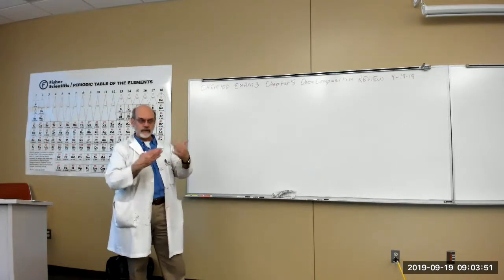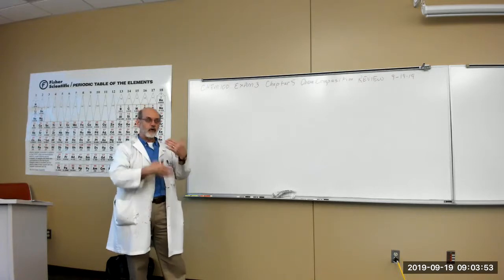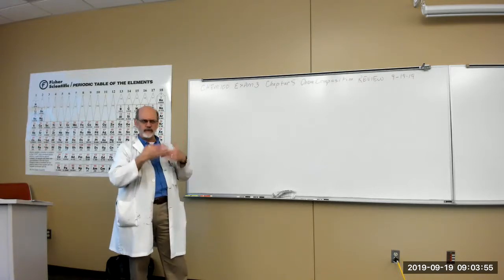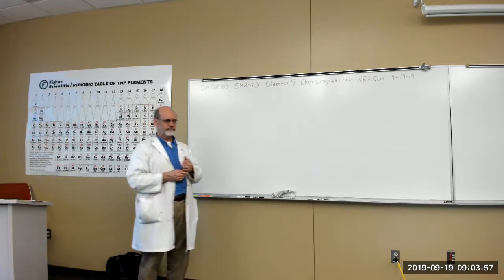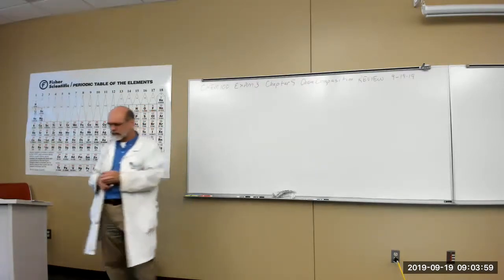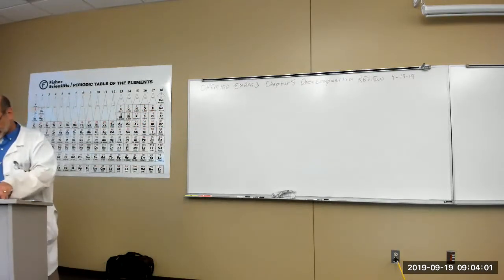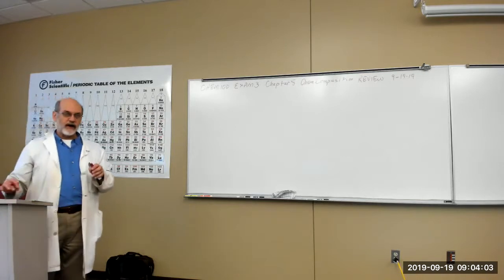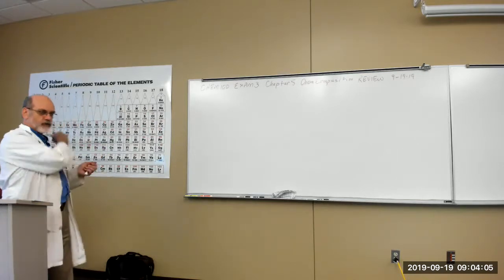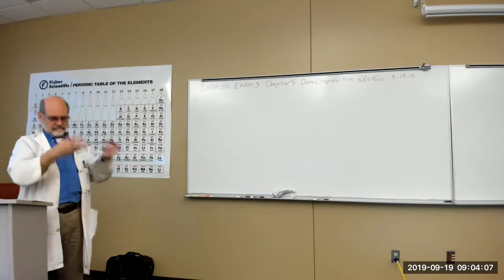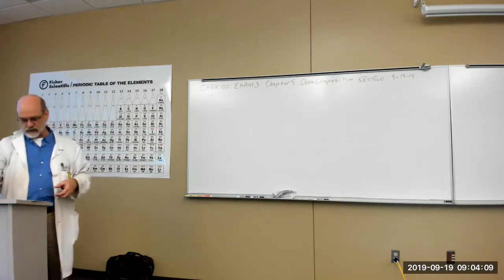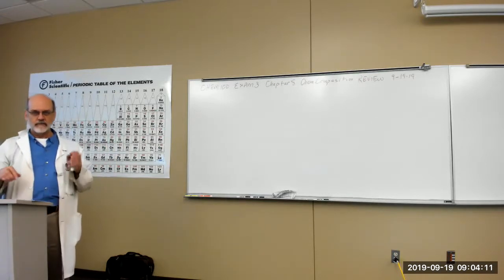Then you ratio the two and find out what's the nearest whole number ratio of those two. Okay. Then that ratio will tell you what the multiplier is. Then you multiply it through your empirical compound, and that gives you the molecular formula.